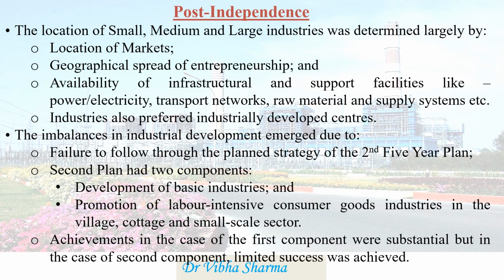The location of small, medium, and large industries were determined largely by the location of markets, geographical spread of entrepreneurship, and availability of infrastructural and support services like power, electricity, transport networks, raw material and supply systems, etc. Industries also preferred industrially developed centers.